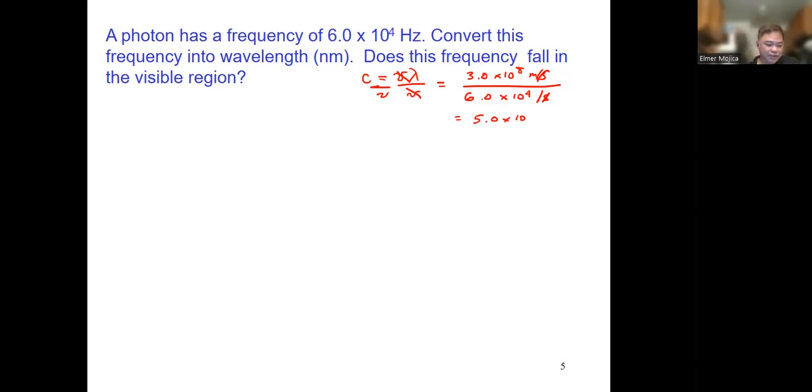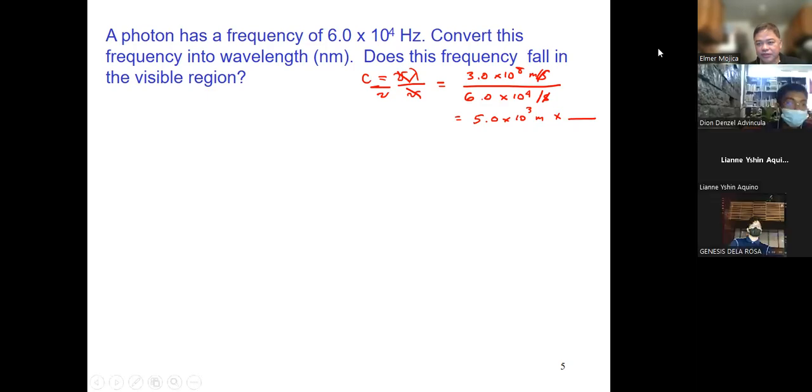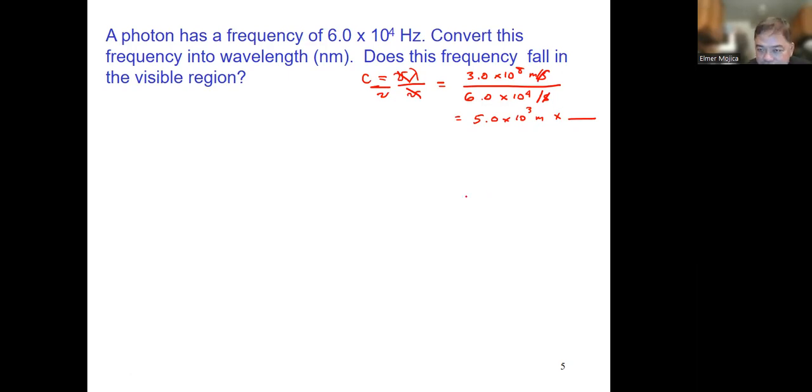5.0 times 10 to the negative 3 or 3. But this is in meter, right? So if you're going to multiply it with nanometer, what we're going to do is multiply it with 1 times 10 to the 9 nanometer over meter.